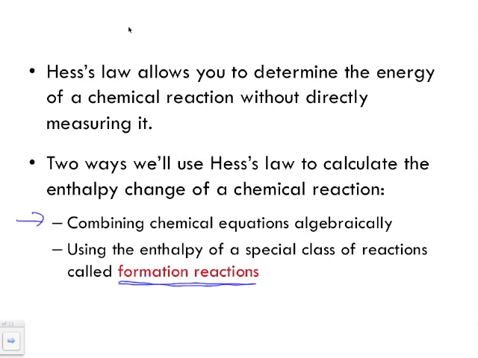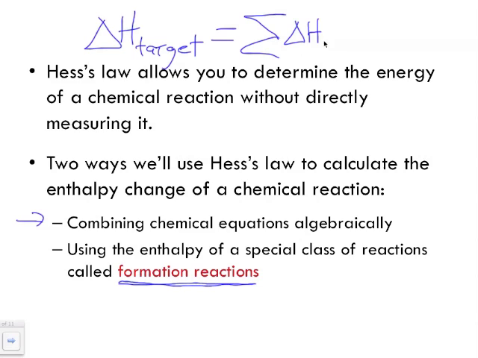Now, Hess's law can be simplified as follows. The change in enthalpy of our target, this is the final equation, our initial reactants and our final products, is going to equal the sum of the changes in enthalpy of whatever is considered known.